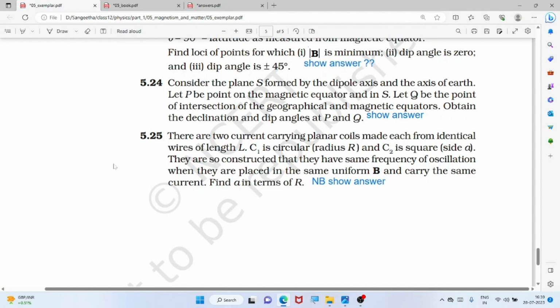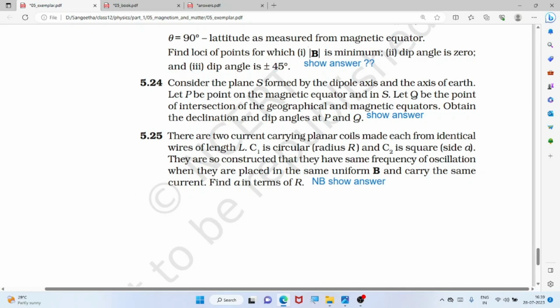There are two current carrying coils made each from identical wires of length L. C1 has radius R1, and C2 is a square. Okay, this is circular and this is square.